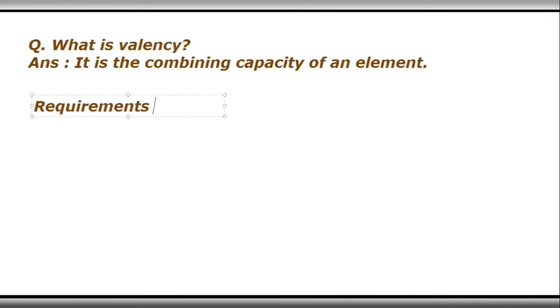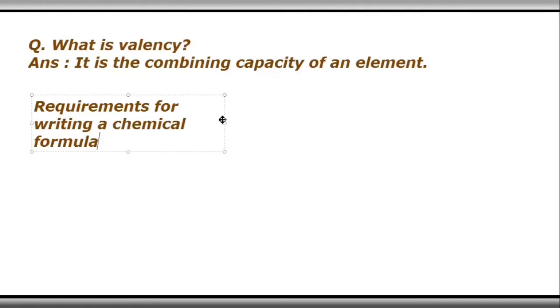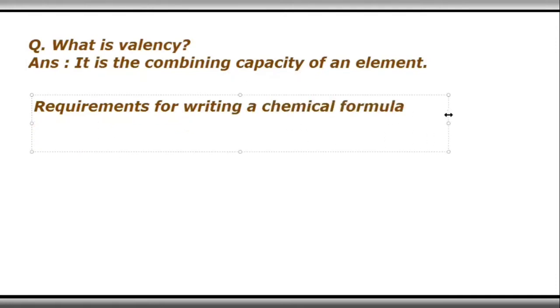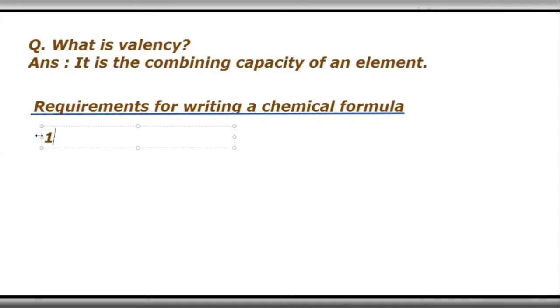The requirements for writing a chemical formula. What are the requirements? The first requirement is the symbols of elements.